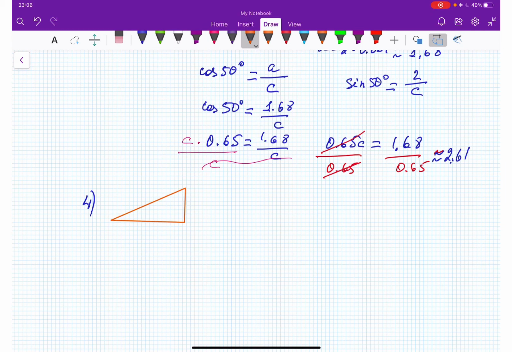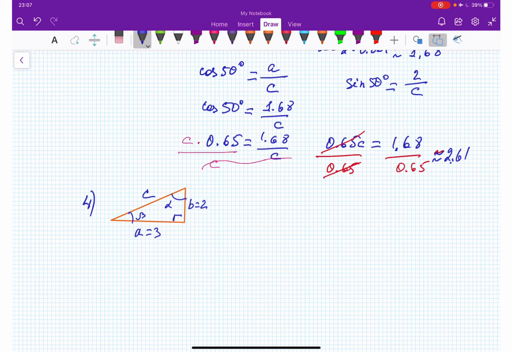This is the right angle, this is beta, this is alpha. Side A is equal to 3, side B is equal to 2, and here we have C, the hypotenuse. We need to find angles alpha and beta. We are given 2 legs, and based on them we need to find angles alpha, beta, and the hypotenuse.